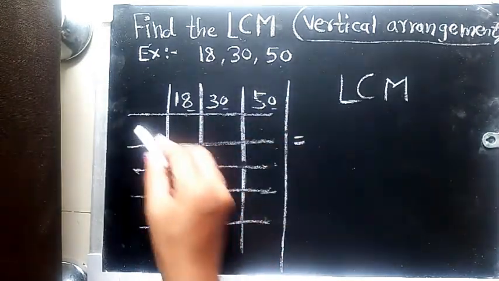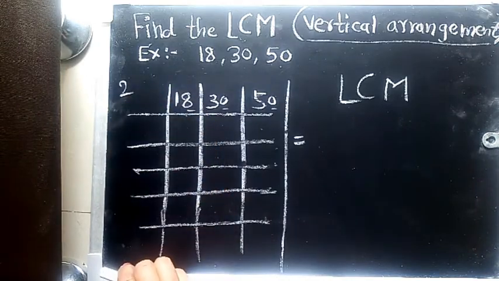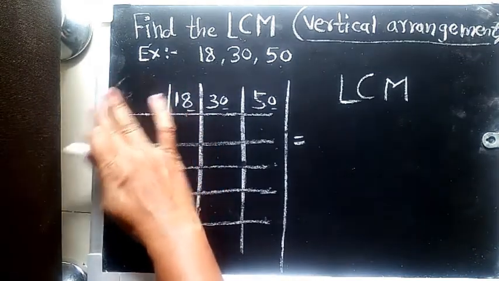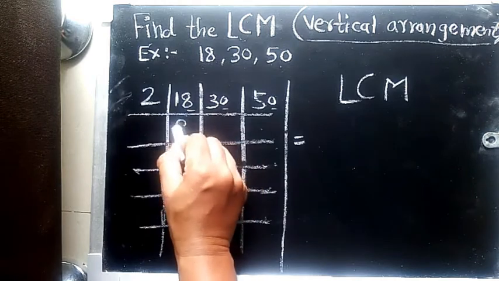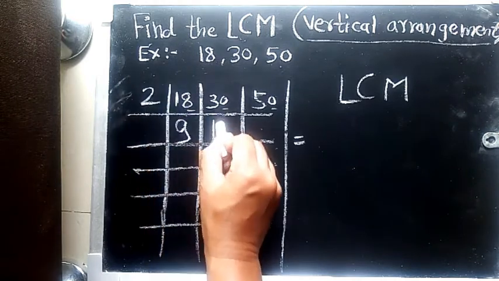The 3 numbers are even numbers, so I divide by 2. Divided by 2, the 3 numbers.